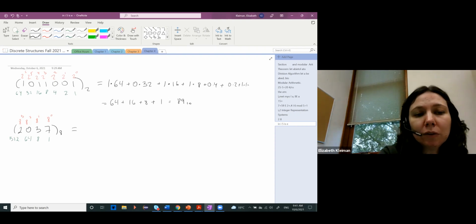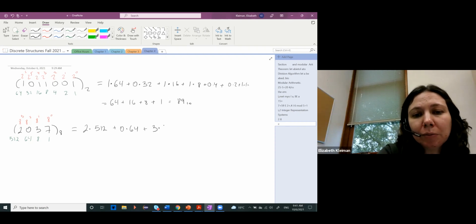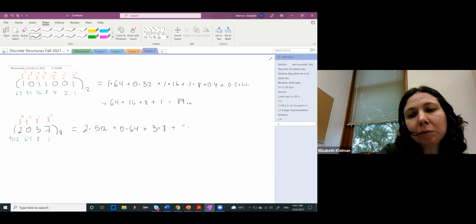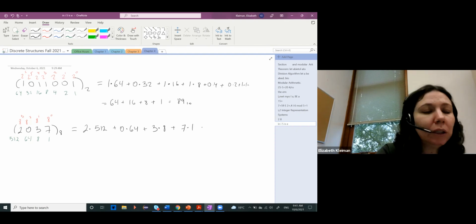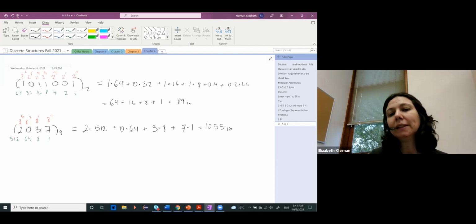So now we have 2 multiply 512 plus 0 multiply 64 plus 3 multiply 8 and plus 7 multiply 1, which, if you add it up, is going to be that number base 10.